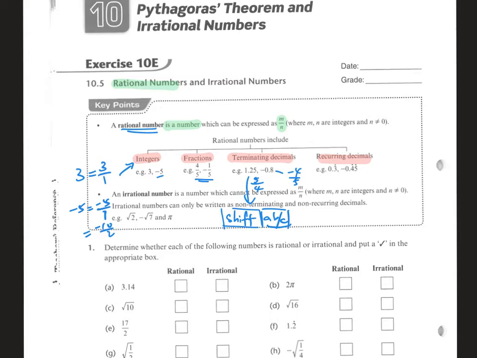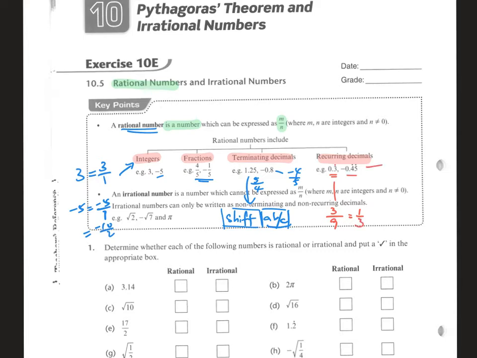Recurring decimals will be a bit harder. That's a kind of calculation you will learn in Form 4. But generally speaking, for recurring decimal 0.3, if the first number is repeating, it will be 3 over 9, which is 1 over 3.